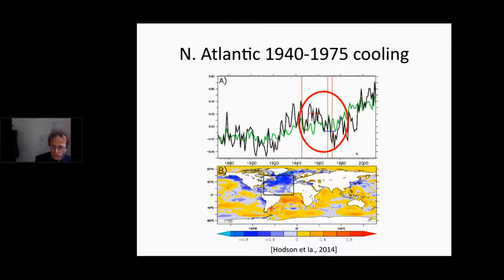We're familiar with the word hiatus because it has been evoked recently to refer to another hiatus, the one which occurred at the beginning of the 21st century.